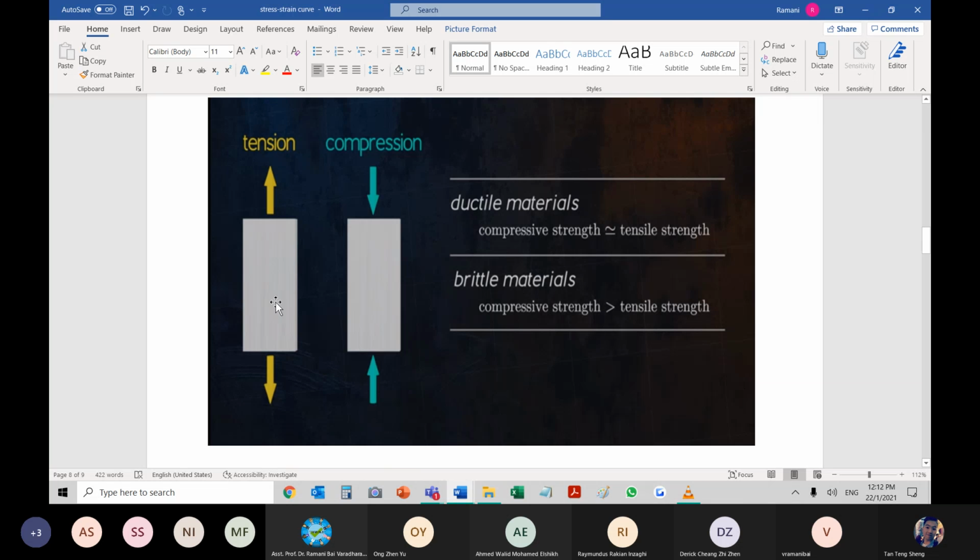Ductile material can do both to some extent. It can withstand both compressive stress and tensile stress. Brittle material cannot withstand tensile stress. Extension of the material is not possible. It cannot bear the load which tends to extend the material.